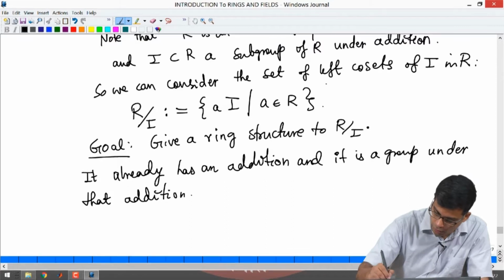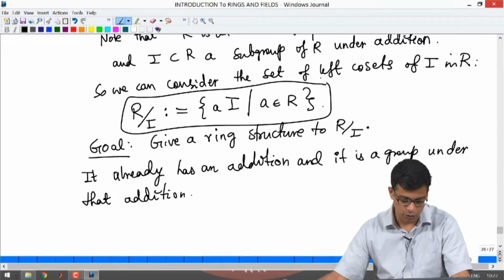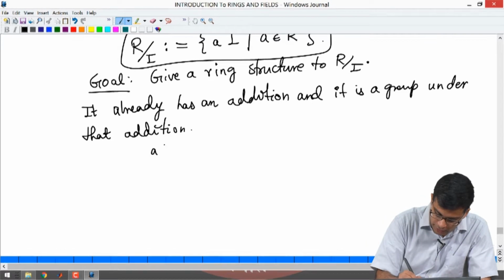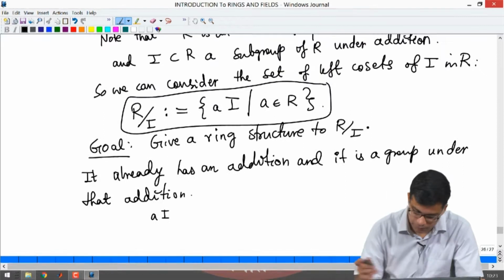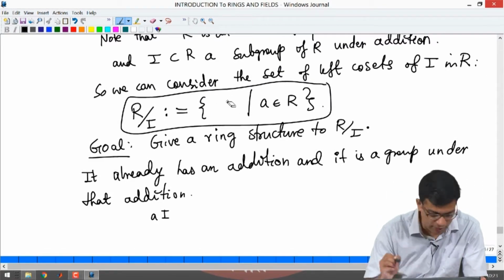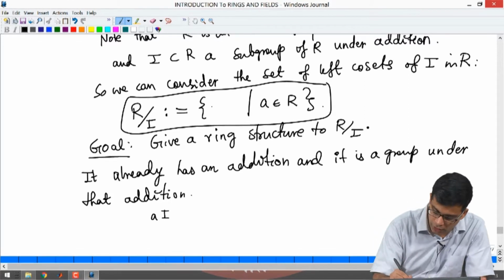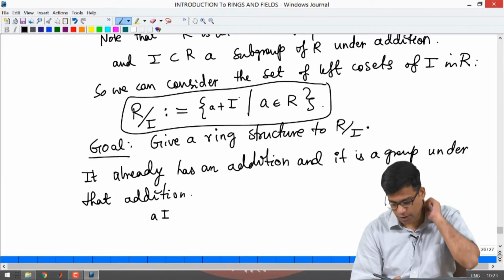Let me recall what is the operation here. The operation of addition is aI, sorry, I wrote something wrong here, I take that back. It is not aI, I am not taking cosets under multiplication, I am taking cosets under addition.